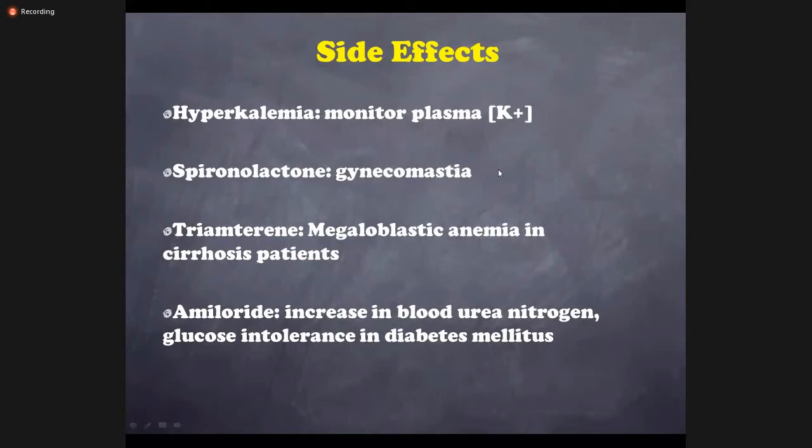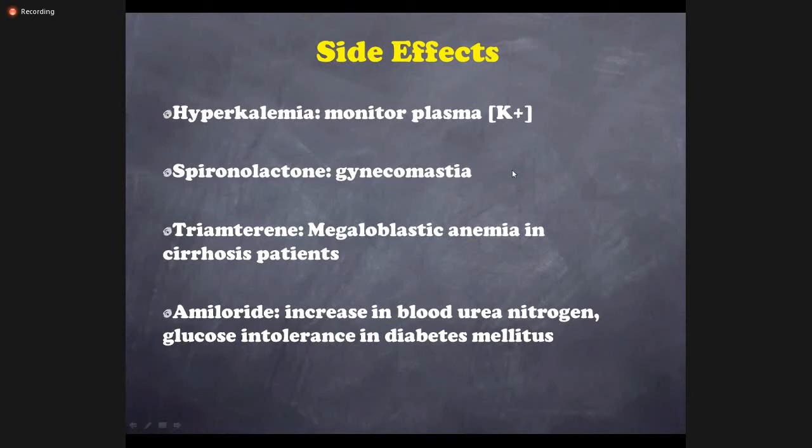The consultant convinces him that there is no problem, this problem is temporary, and it is due to the effect of the drug he is taking. So which one of the following drugs is responsible for this problem? Spironolactone, right?